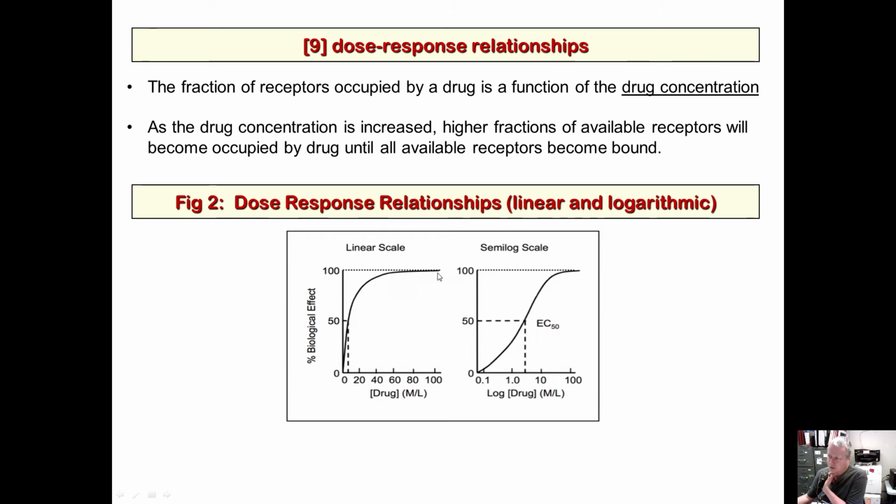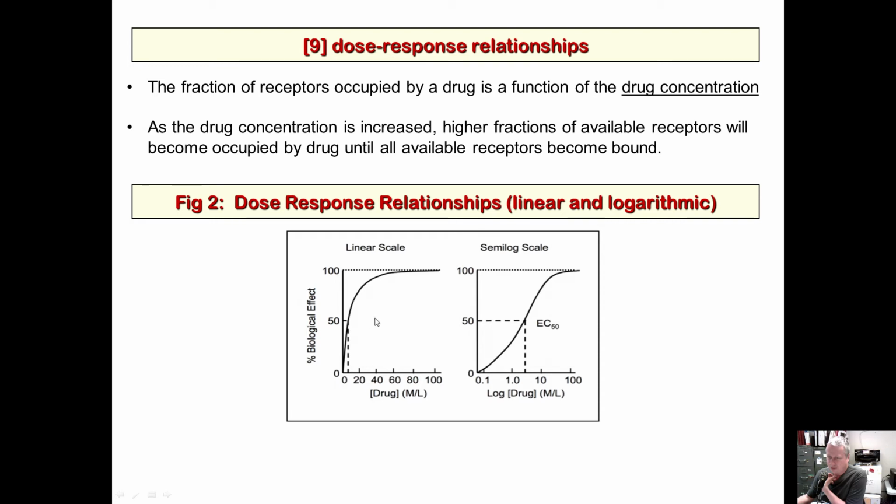Either a linear curve where you measure percent of biological effect on the y-axis, and then a linear measure of the drug. And that gives you a pretty not useful line, right? It's hard to actually see the IC50. It's really squished into this little range.